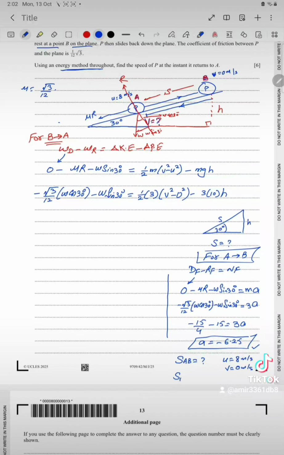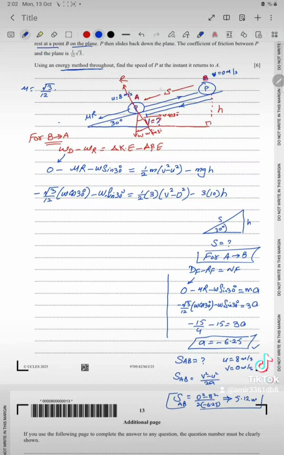So the distance S for AB is v square minus u square over 2 times a. It comes to be 0 square minus 8 square over 2 times minus 6.25, and the calculation gives 5.12 meters. So the distance between positions A and B is 5.12.